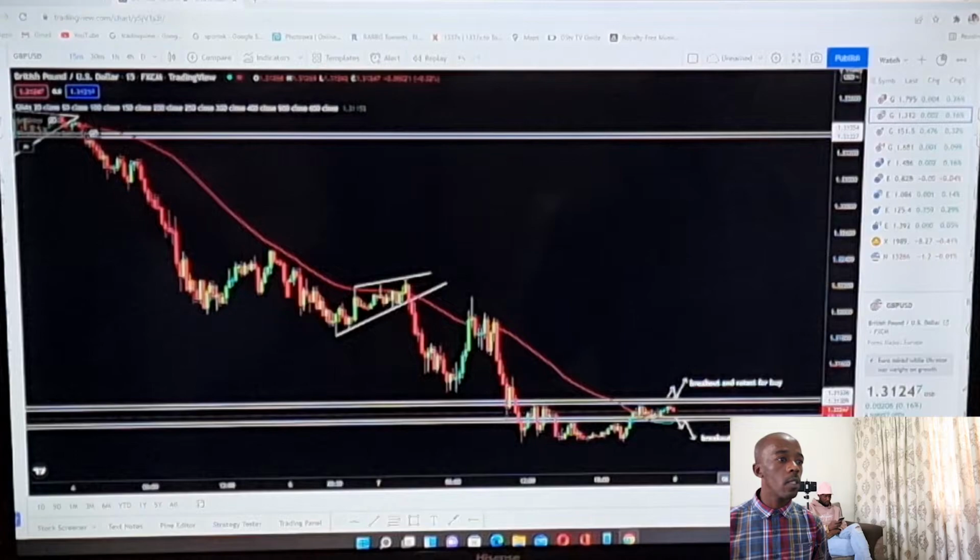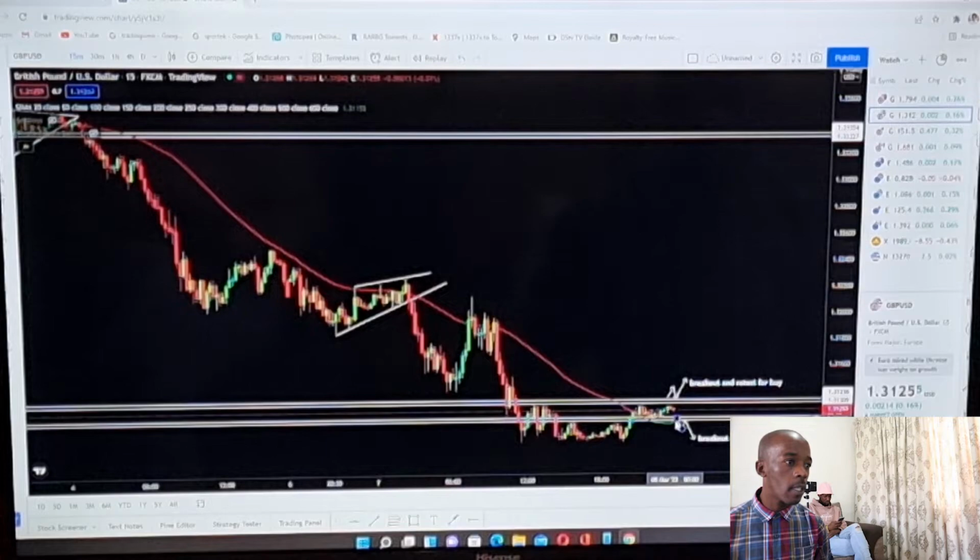So to me, I don't just trade when the market goes for buy only or when the market goes for sell only. I wait for the market to move. Now it's ranging in between this support and resistance level. As soon as it breaks out and retests, then I go in for a buy.